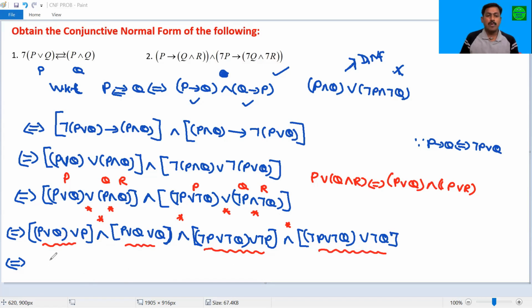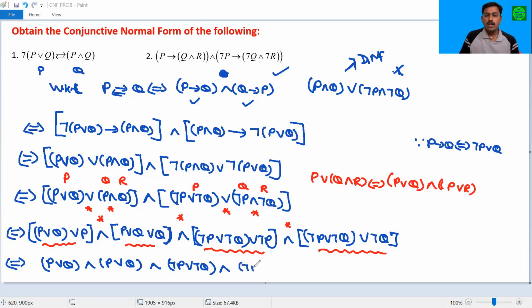We will conclude the problem as here two P's are there. I can write only one P by using the idempotent law. Here two Q's are there. I can write only one Q by using the idempotent law. And here two not P's are there. I can write only one not P using the idempotent law. Here also two not Q's are there.